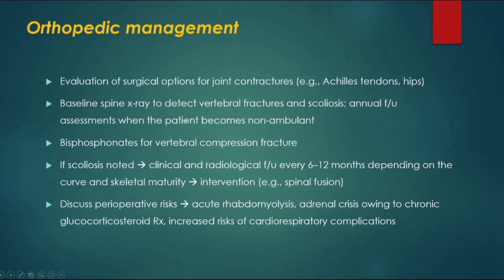And if they have a vertebral compression fracture, which happens in many patients, bisphosphonates should be used. Whenever we are sending the patient for surgery like spinal fusion, we should discuss the perioperative risks, which can include acute rhabdomyolysis and adrenal crisis, because many of them are on steroids. So when we stop the steroid, adrenal crisis can happen. Increased risk of cardiorespiratory complications should also be discussed.